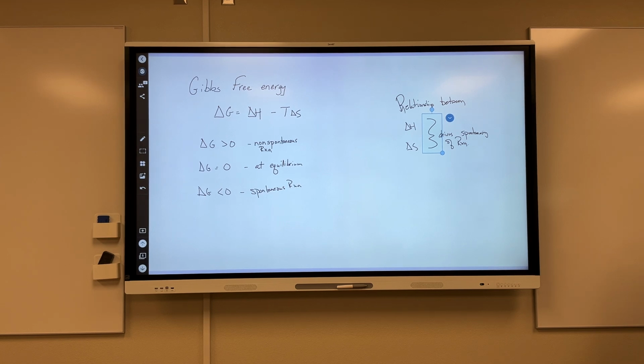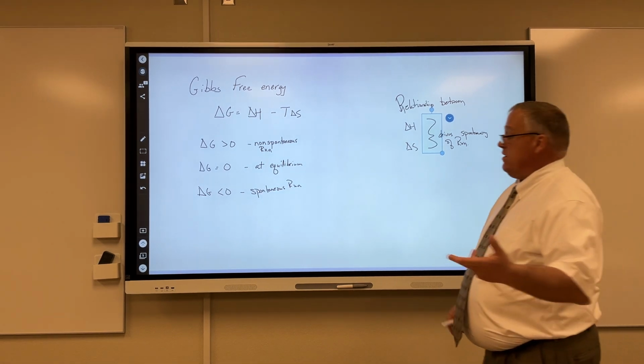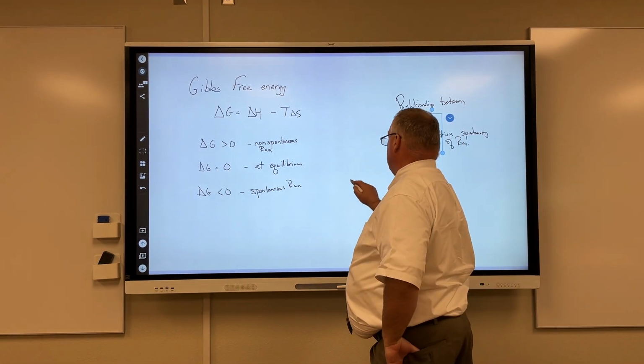Okay, so think about it this way. You've got to be able to calculate enthalpies. You've got to be able to calculate entropies. Enthalpy is heat, okay? So where does the enthalpy come from? It comes from this relationship.